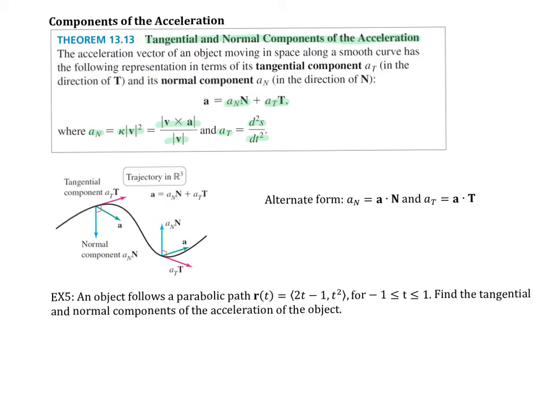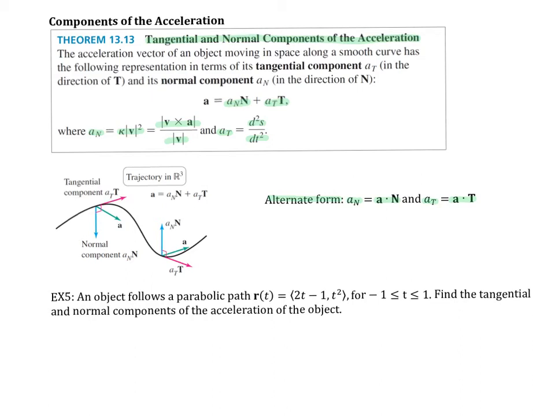So the alternate form that you should use, and it's not specific in your textbook, is that to compute a sub n, you take the dot product of the acceleration with the normal vector. To compute a sub t, you dot your acceleration with the tangent vector. And that's much easier to use. Again, that just comes from the scalar component of projection vectors.